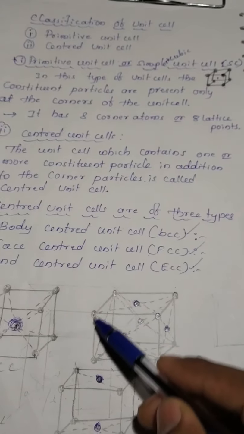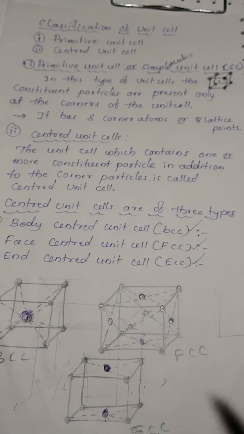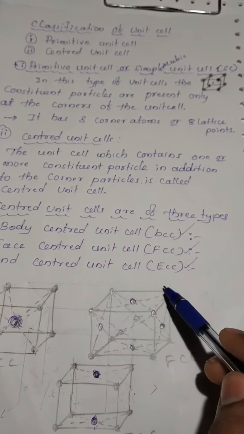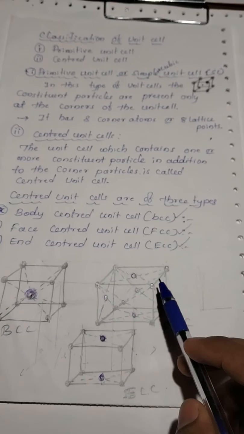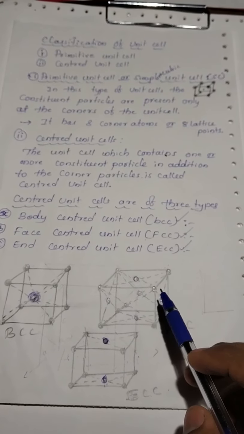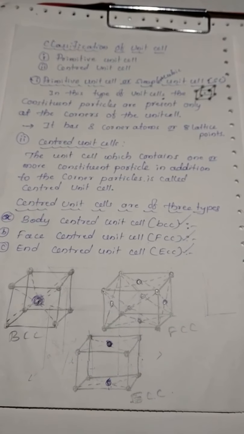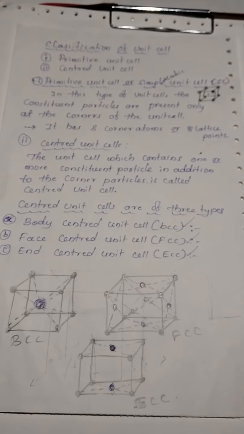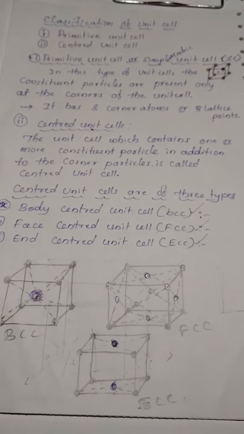So 6 faces are there, 6 particles present at the center of each face along with the corner particles. That is called a face centered unit cell. Once again I will repeat, in this type of centered unit cell, in addition to the particles at the corners, there is one at the center of each face. Those are called face centered unit cells.